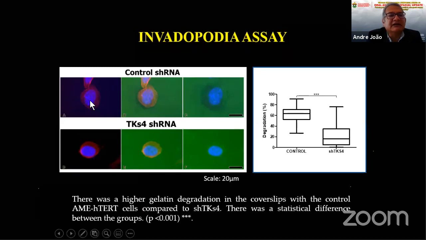Look at this image. In A, we have the cell, in red a phalloidin labeling. In B, the gelatin, nucleus of cells in blue, in red, phalloidin. In C, you can see the dark area, the degradation area.